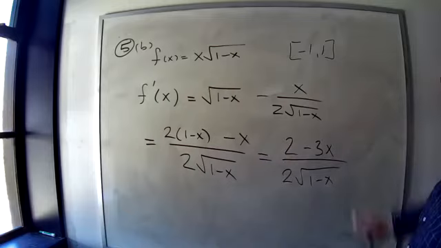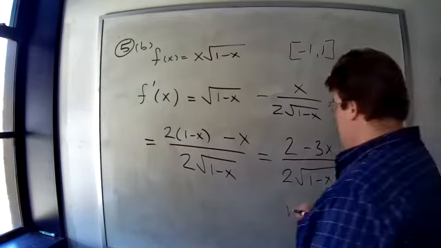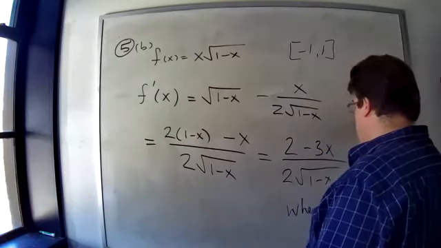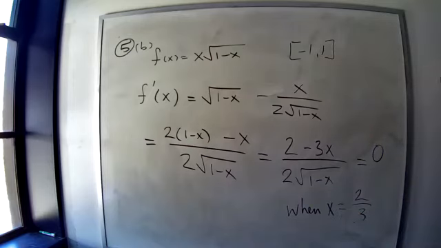You could have set it equal to 0 here and gone through that algebra. But here, we need to set this equal to 0. It's 0 when the top equals 0, which is when x equals 2/3.